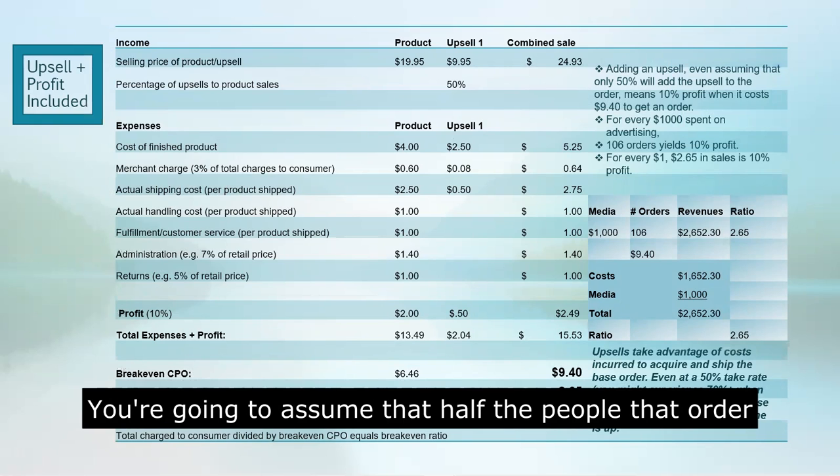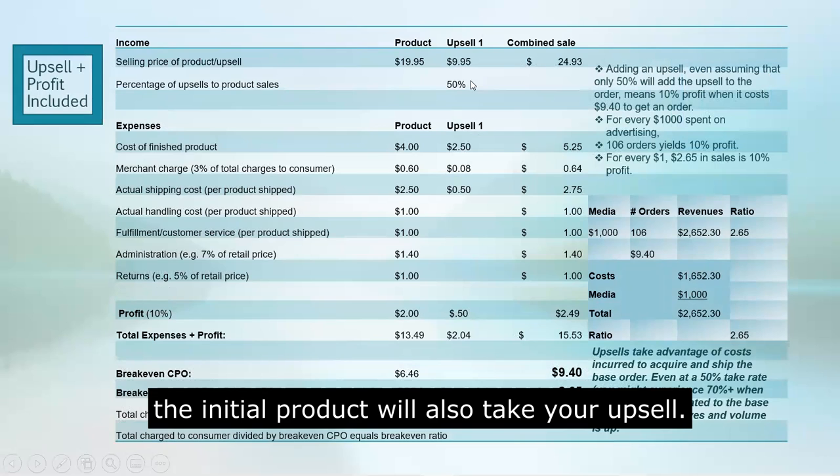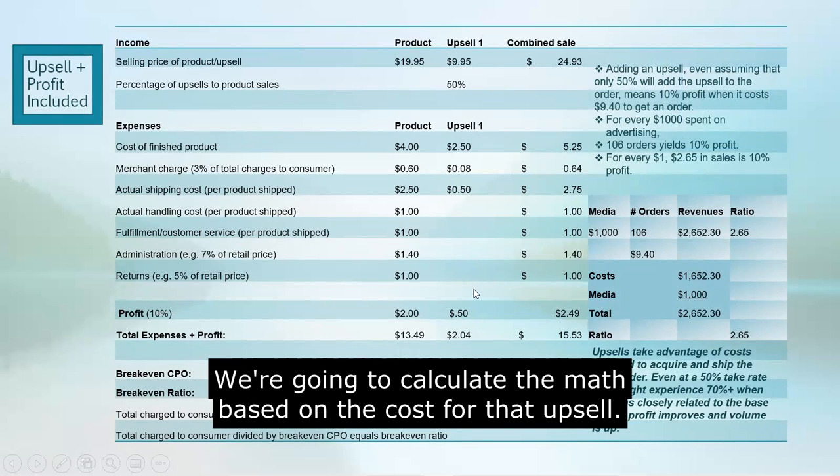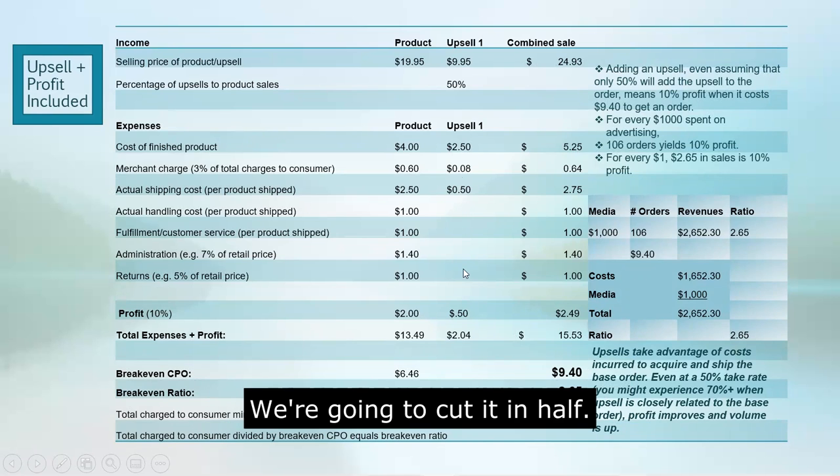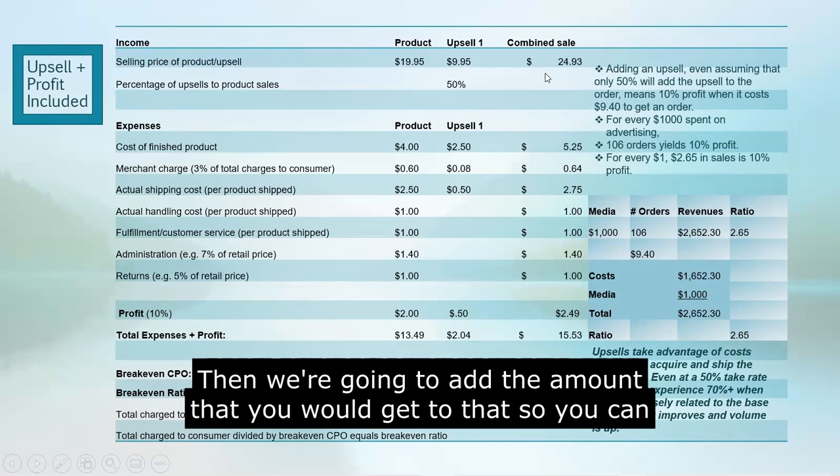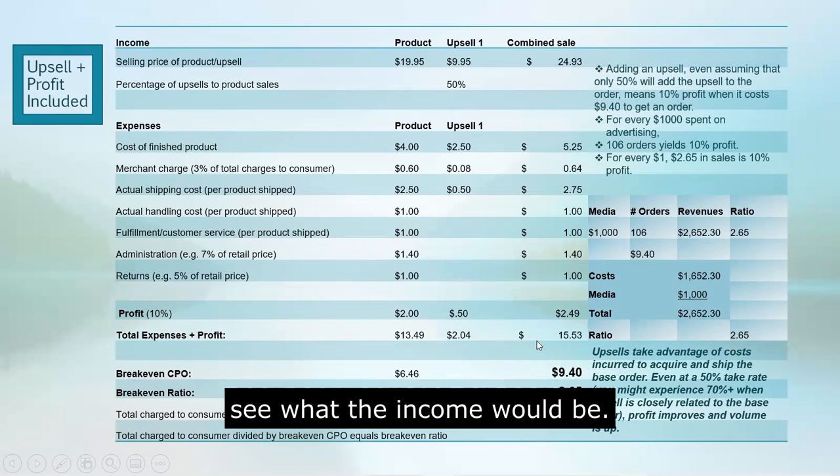And enabling that, you're going to have an assumption here that half the people that order the initial product will also take your upsell. And so we're going to calculate the math based on the cost for that upsell. We're going to cut it in half, and then we're going to add the amount that you would get to that so that you can see what the income would be.